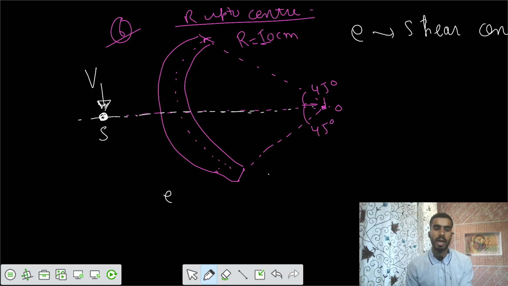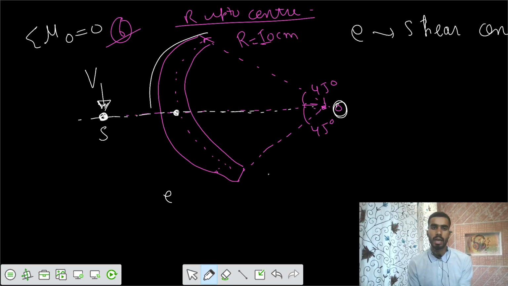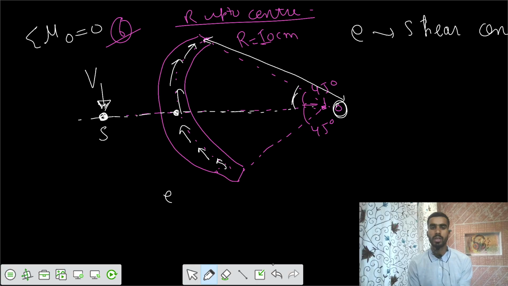So let's say this is at some distance of e, and we know that we can apply summation of moments at any point. We can take this point as O. If you take moments about this point, we have to say what effect we get because of this one. That's difficult to calculate, but because we know that the distance is R and we know some value of theta, it would become easy if there is some shear flow in this one.